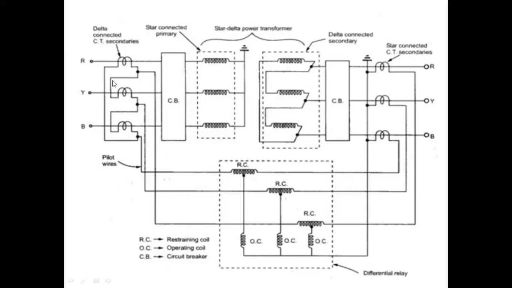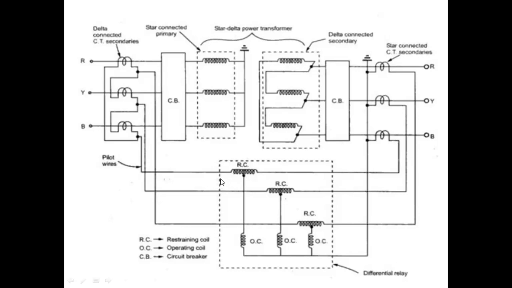This CT, which is connected to the primary side of the transformer, will check the current, and on the secondary side of the transformer there is also a CT, so that current will be checked here. That current will flow through this restraining coil.